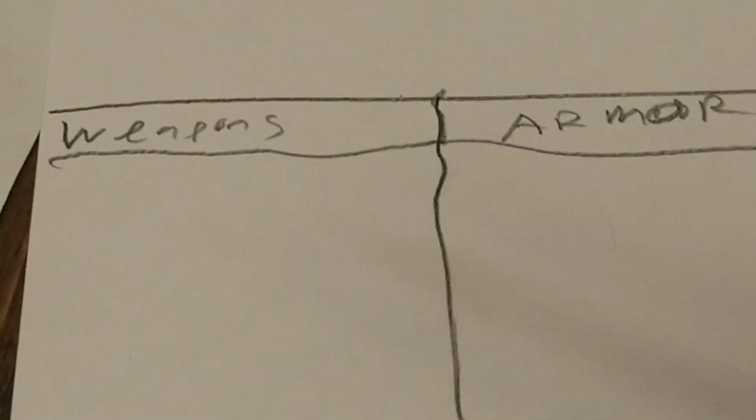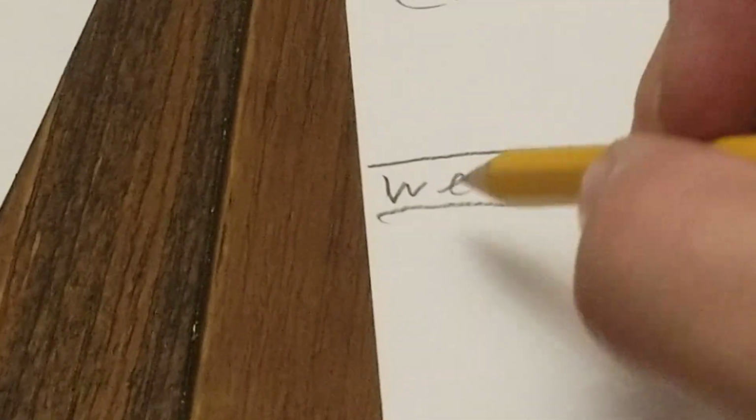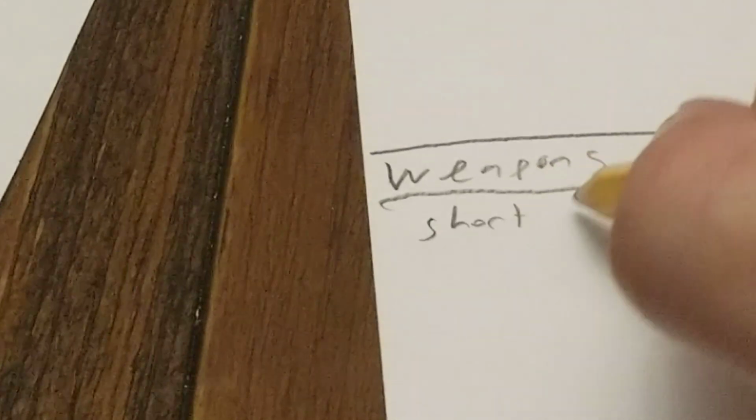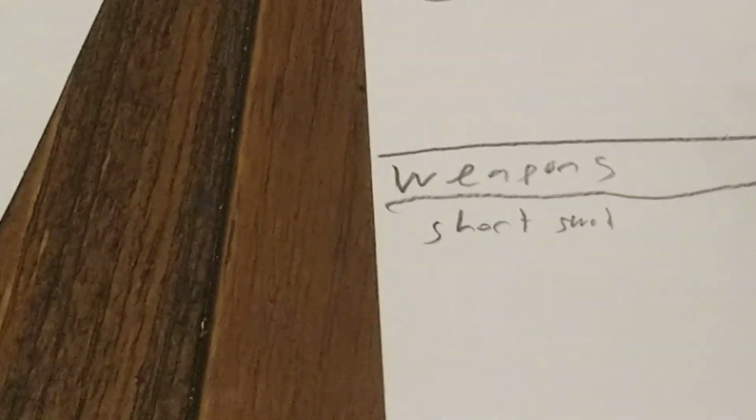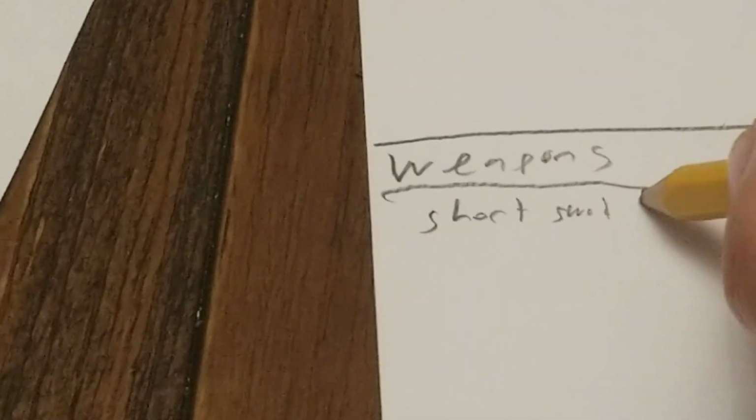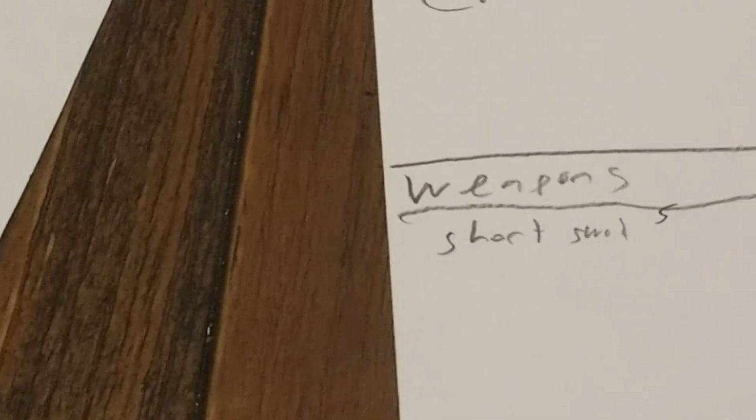Okay, weapons. So our fighter is using a short sword. With these weapons, you'd want to know the speed. Turn it to the weapons section. You want to know the speed factor.